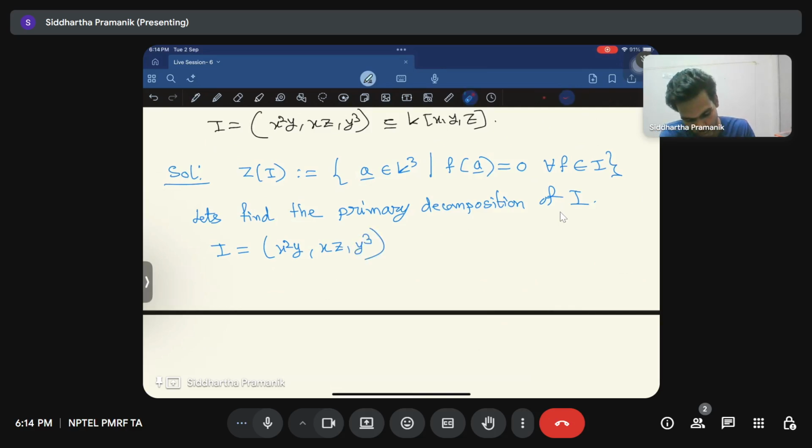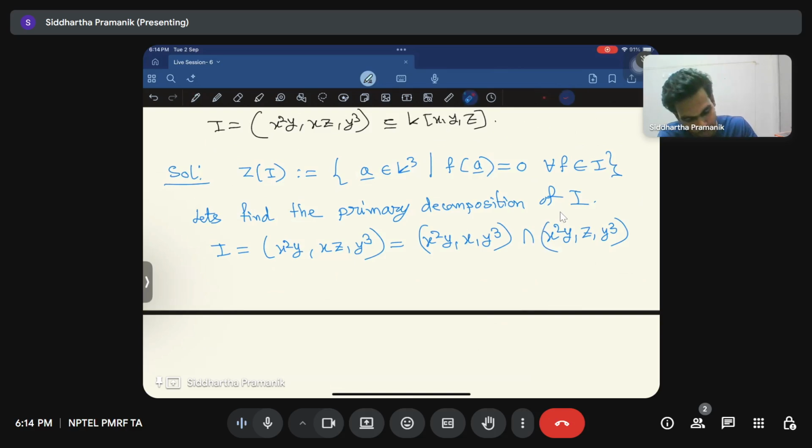Now x and z are relatively prime, so we can write this as (x squared y, x, yz) intersect with (x squared y, z, yz).